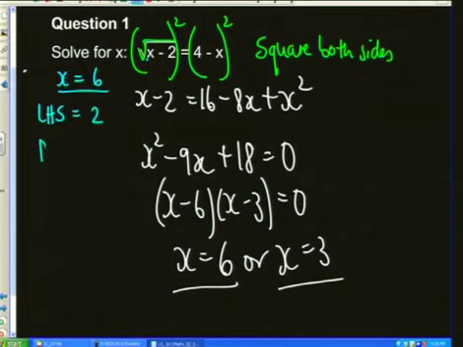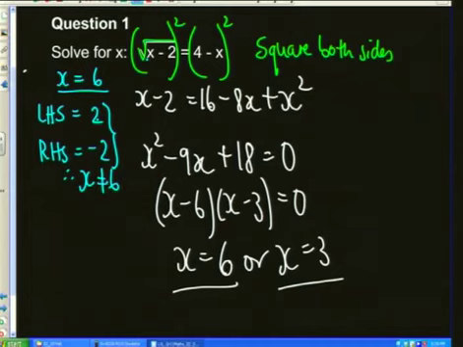And on the right-hand side, we're going to get 4 minus 6 is equal to negative 2. So we have the left and the right are not the same, therefore x is not a solution.